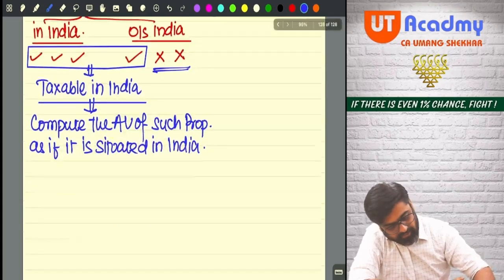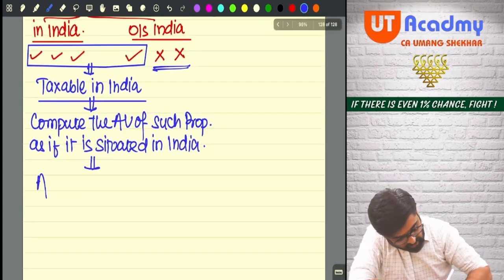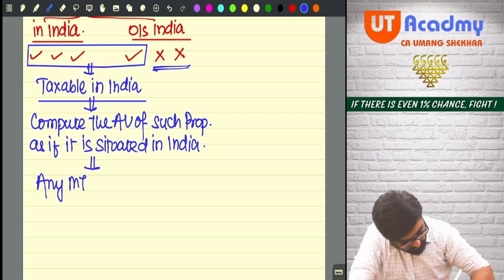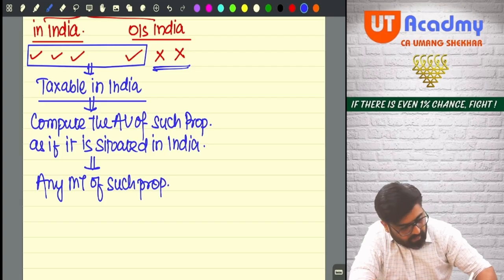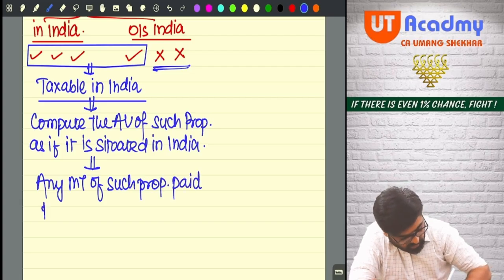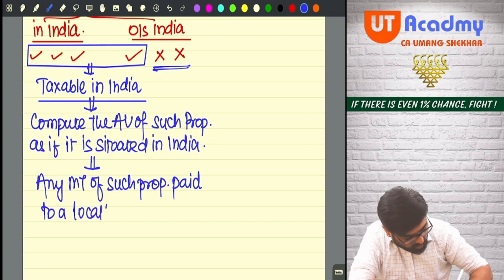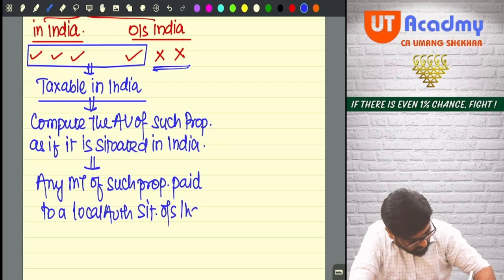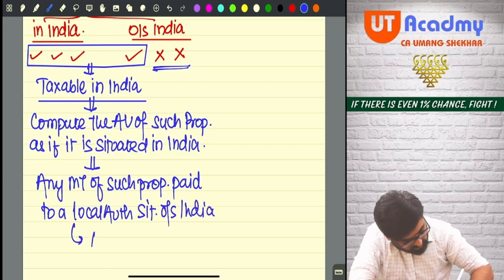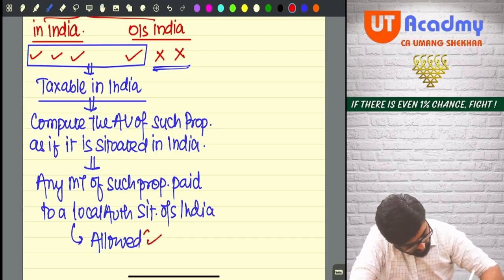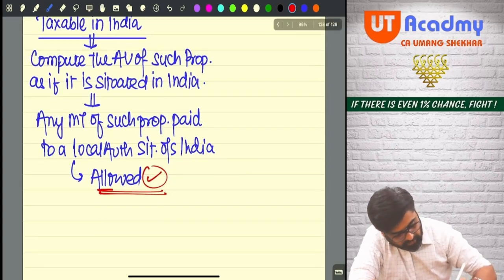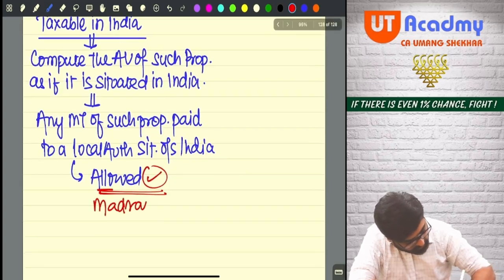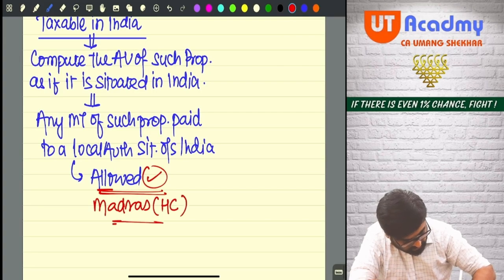So accordingly, any municipal tax of such property which is paid to a local authority situated outside India shall also be allowed, and this is allowed as per the Madras High Court judgment.